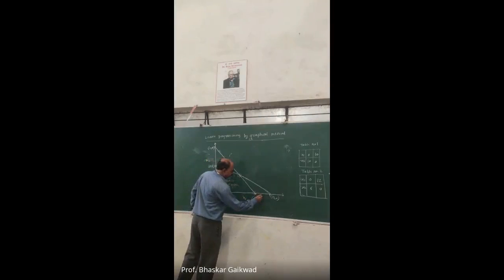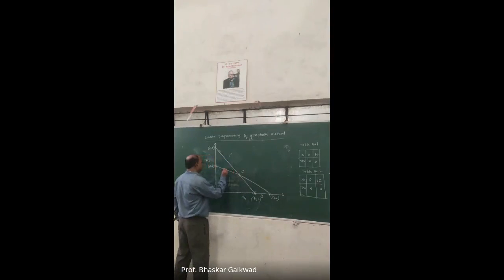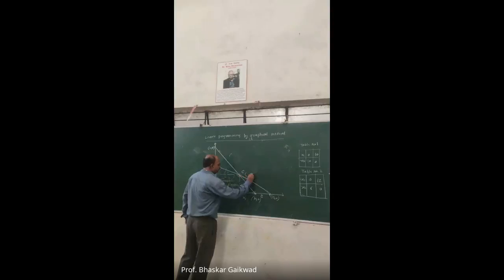So let us give the labels for each: A, B, C, D. Suppose this is point A, this is point B, this is point C, this is point D. For point C you have to find one coordinate, because we are using the graphical method.